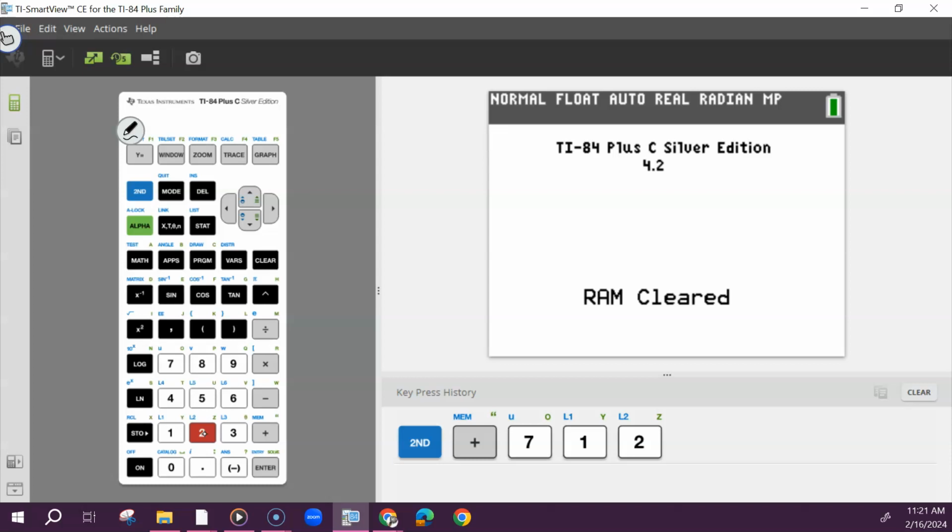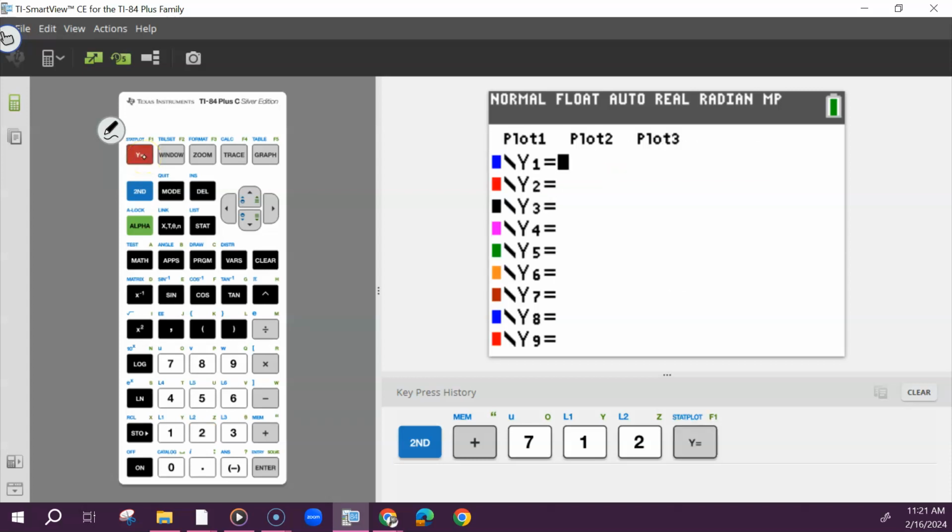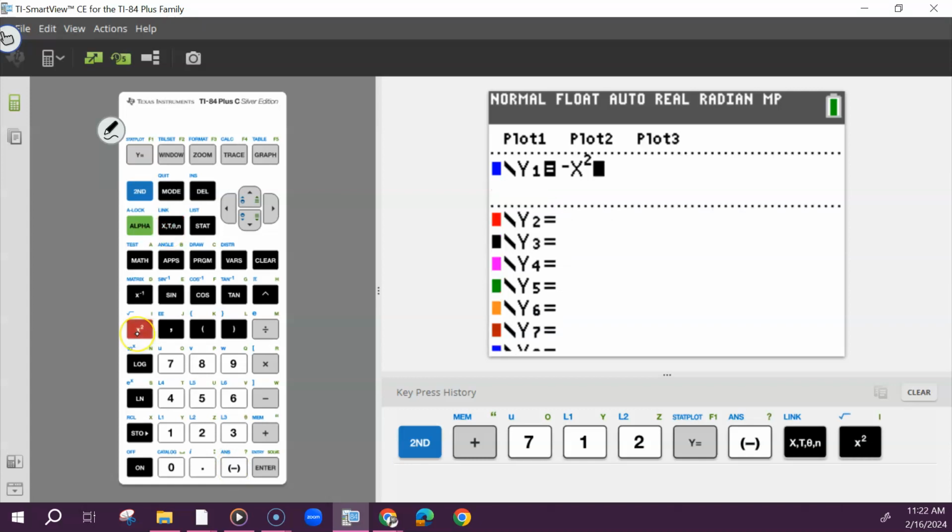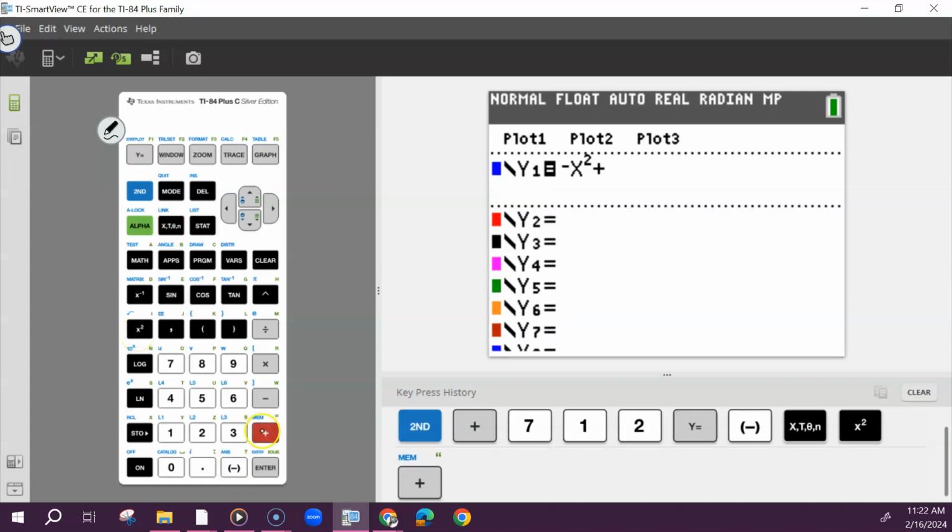And then we're going to go into y equals at the top. And we're going to type in number 8. So negative, make sure you have an x, and then square it, plus 4x. Make sure you put this in your calculator.